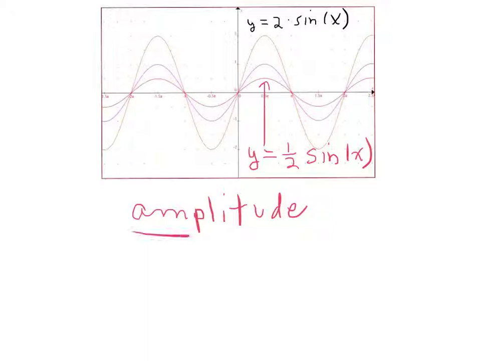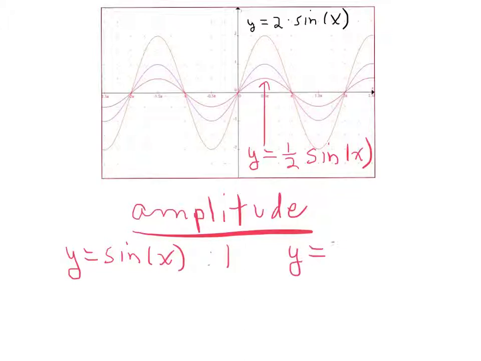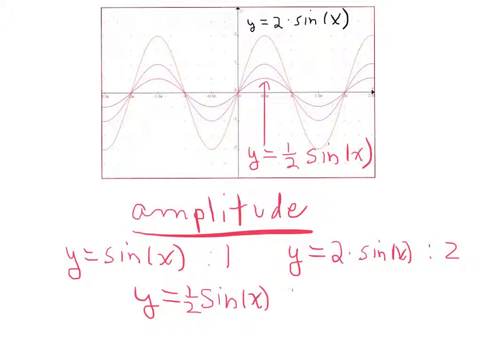So as we expected, in each case, what we're changing is the height, and the fancy math word is amplitude. So the amplitude for y equals sine of x is 1. The amplitude for y equals 2 times the sine of x is 2. And finally, the amplitude for 1/2 times the sine of x is, right, 1/2. So that's the idea of amplitude.